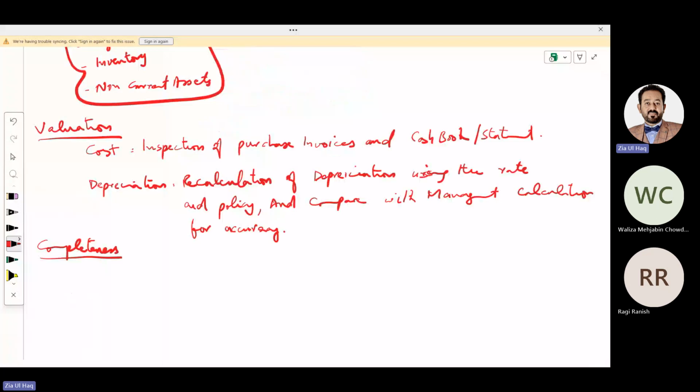So what we need to do is compare the asset register with the asset cost account to see whether they are the same or not. Because if they are not the same, some entries might not be recorded either in the register or in the cost account. So, reconciliation.